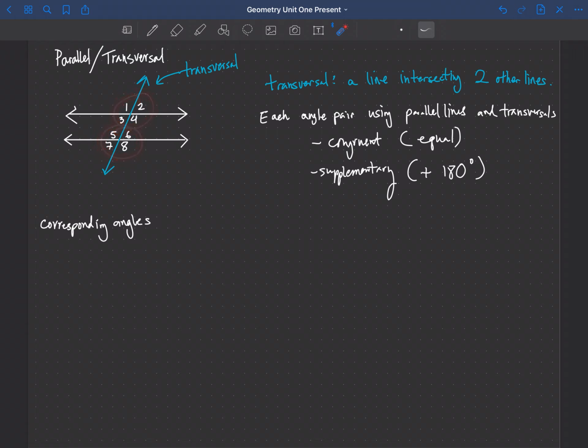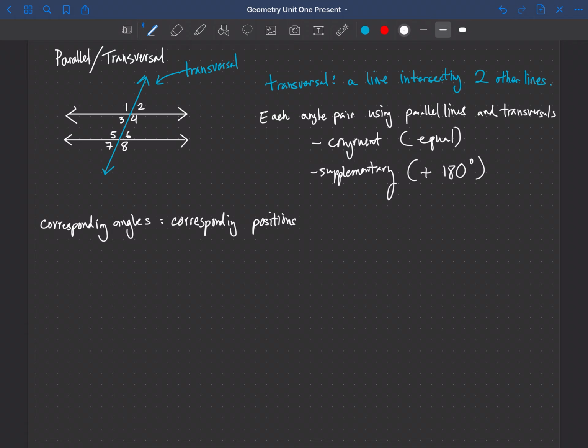So at each intersection, we have a set of 4 angles. Now, corresponding angles means the pair of angles that are in the same position, same quadrant, in each of the intersections. So they correspond to the same positions.